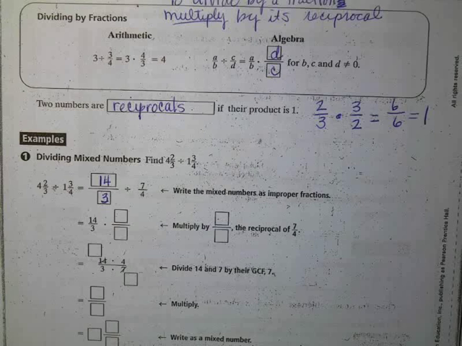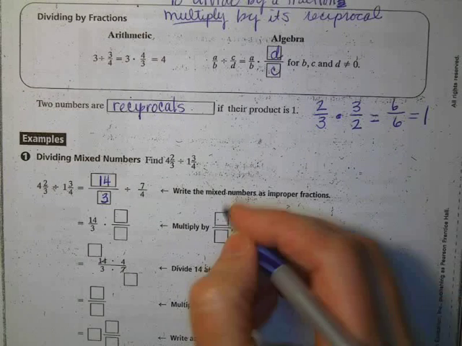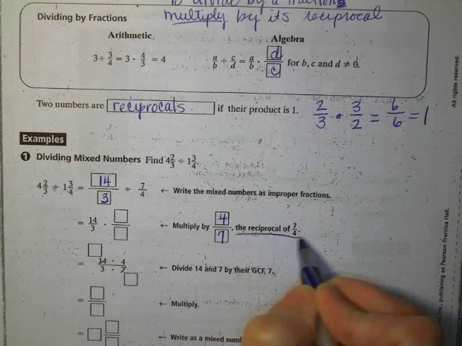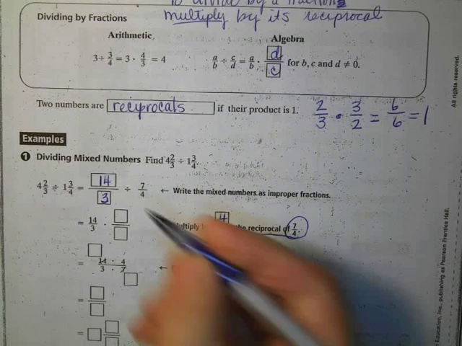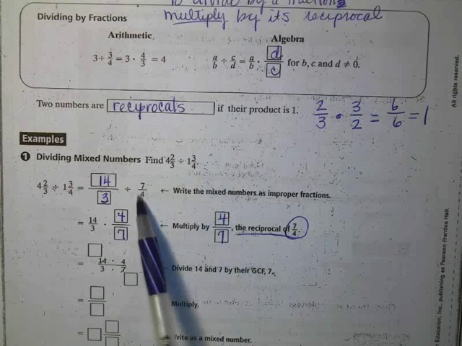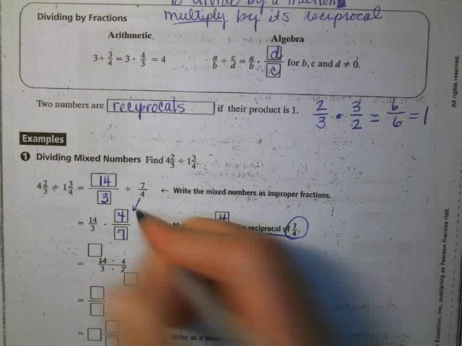Denominator of 4 remains. Okay, so once I have that, my next step is to multiply by 4/7, which is the reciprocal of 7/4. So not only am I changing divide to times, I'm flipping the divisor.